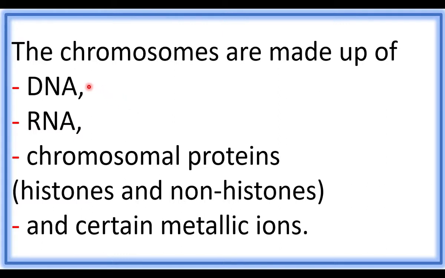So chromosomes are made up of number 1 DNA, number 2 RNA, number 3 chromosomal proteins like histones and non-histones, number 4 metallic ions. When we see the structure of chromosomes, we have to explain primary constriction, secondary constriction, telomere and satellite.